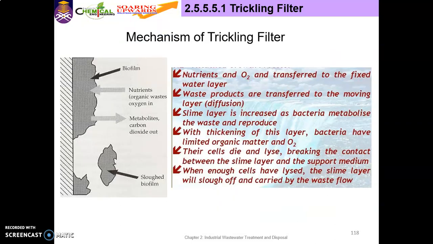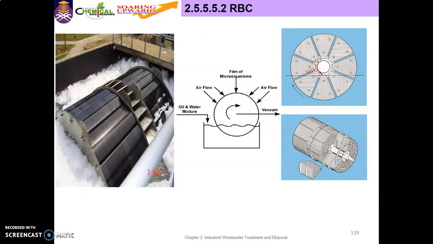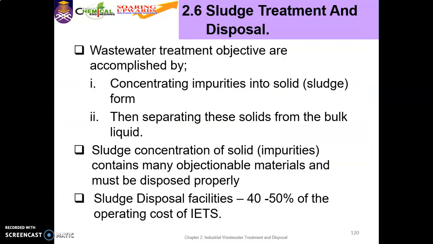Number 2 is the RBC, rotating biological contactor. So that's all, and next we move to sludge treatment and disposal. Wastewater treatment objectives can be accomplished by concentrating impurities into solids and then separating this solid from the bulk liquid.